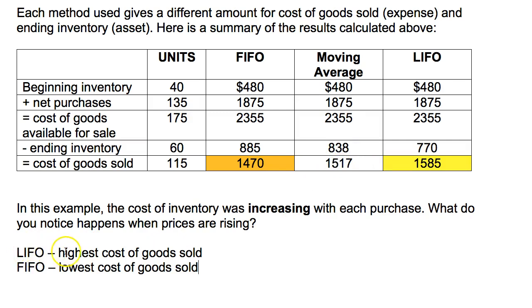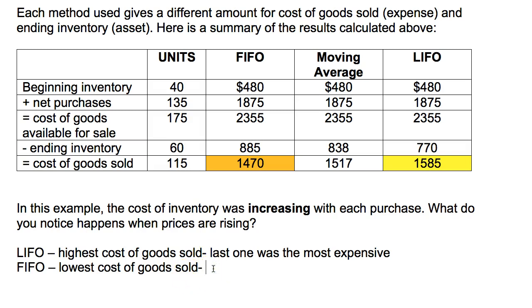So why does LIFO give the highest cost of goods sold? Because remember, in this method, the last one you purchased is sold first, and the last one was the most expensive one. So you're selling your most expensive inventory first. This makes your cost of sales highest.